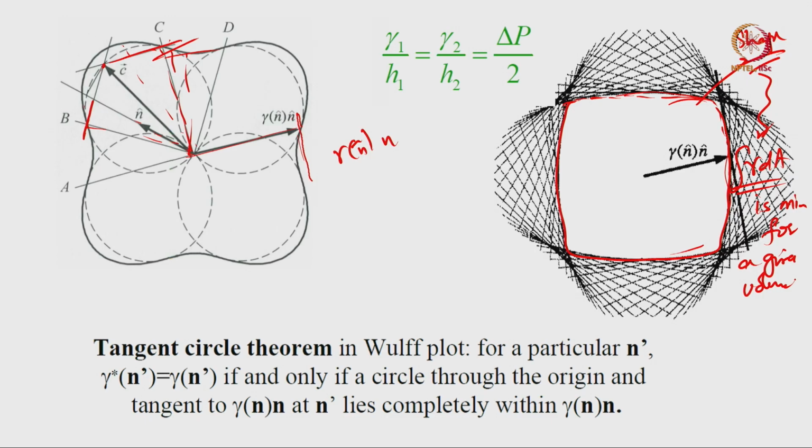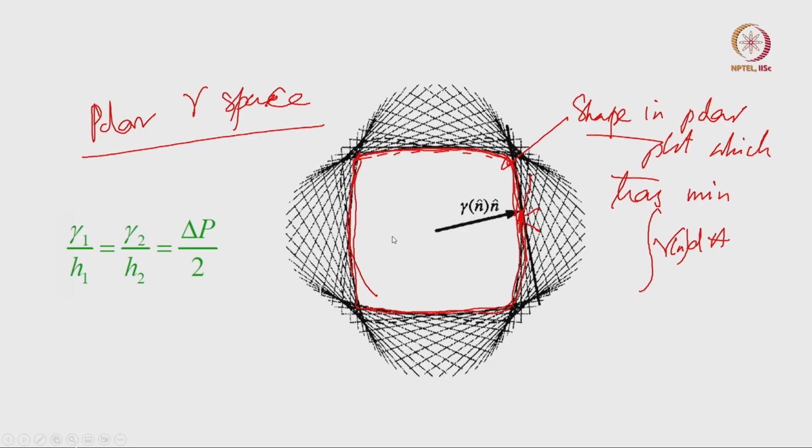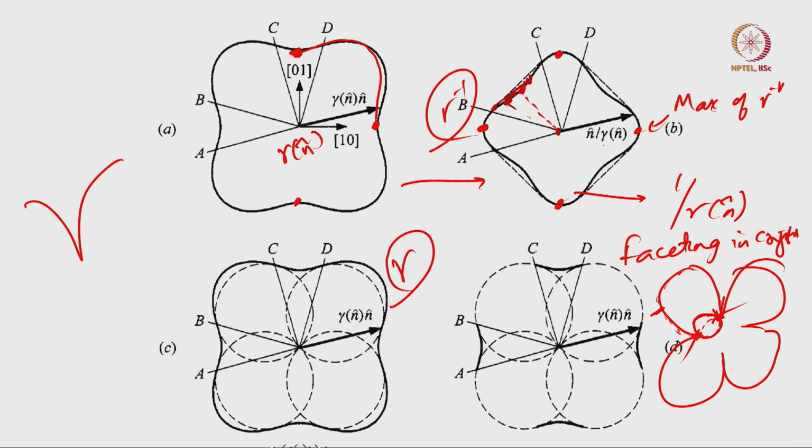Now you can actually see this construction, but here it becomes slightly harder to understand because there are so many of these normals. All these normals are trying to intersect each other, but I am actually drawing normals only for the stable positions. So I have constructed this stable diagram.